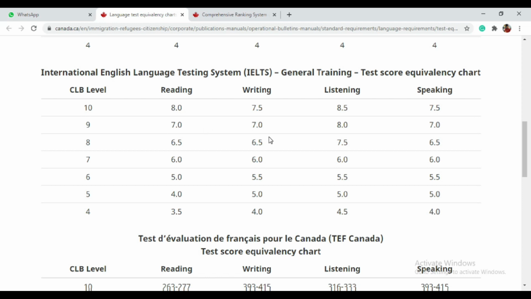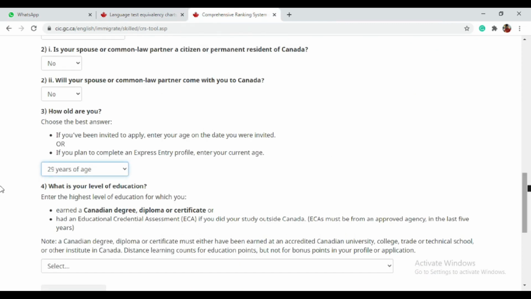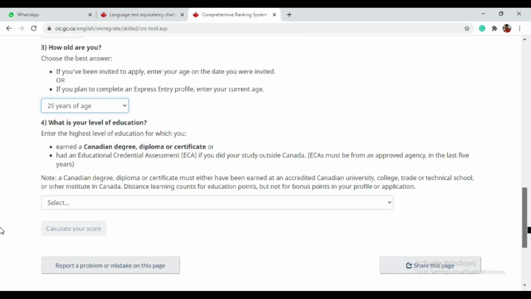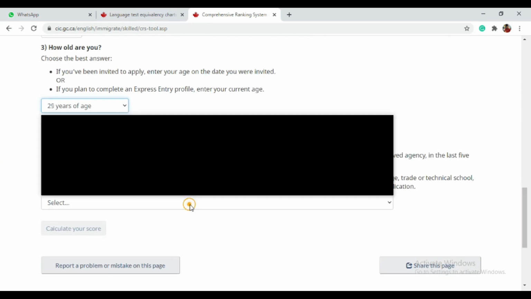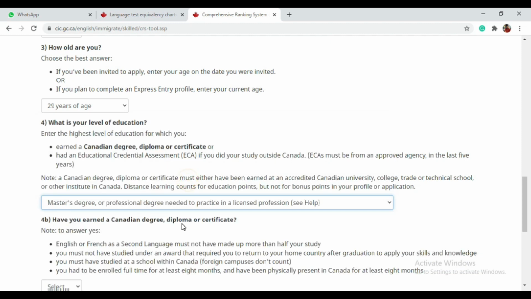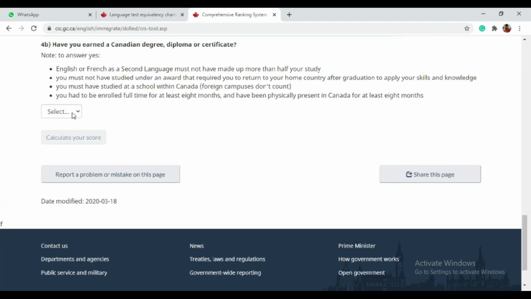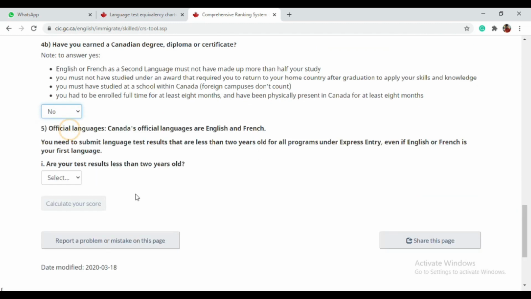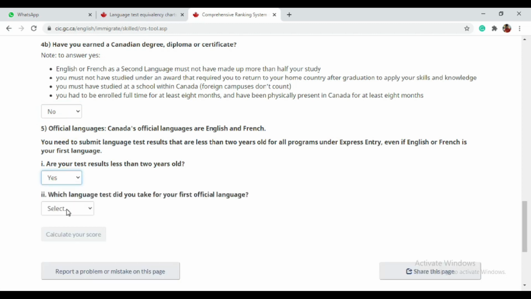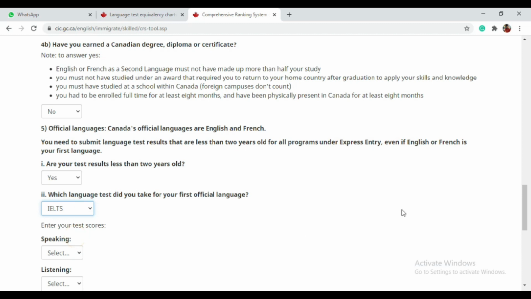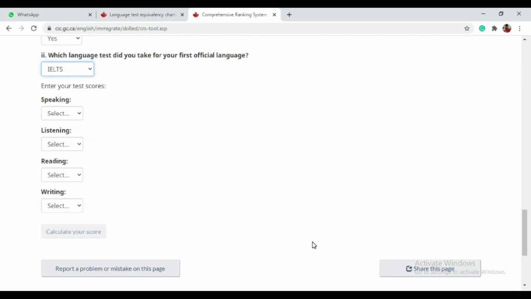Right. So as an example, I will take you to the CRS calculator tool, and I will show what I just talked about. Okay. So let me just quickly go through these smaller things here. You already know about these things. If you don't know, I've already created videos on the CRS calculator.